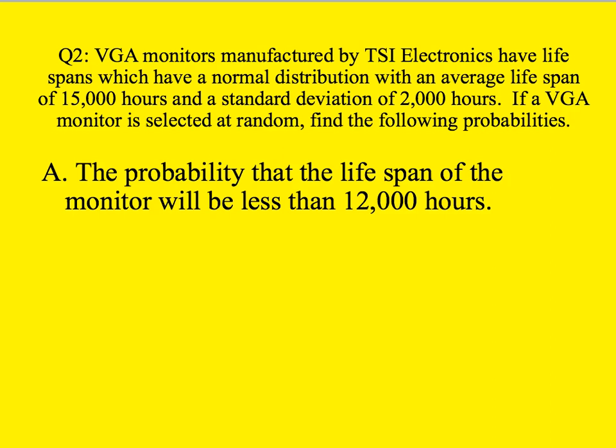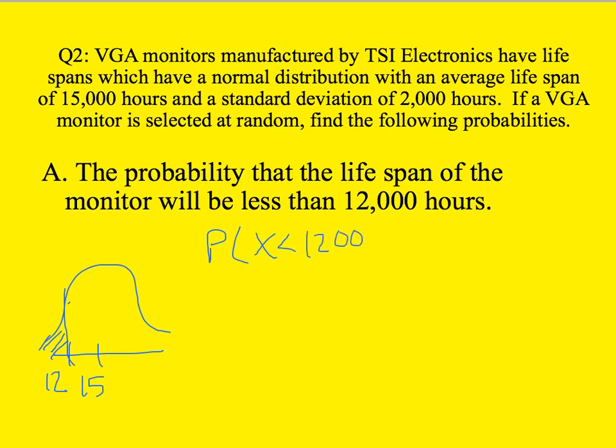Okay. So I need to do a picture. The middle I know is 15. 12 is to the left. I want what is less than it. So I basically just want to read off one number, right? So probability of x less than 12,000 is equal to the probability that z is less than 12,000 minus 15,000 divided by 2,000.